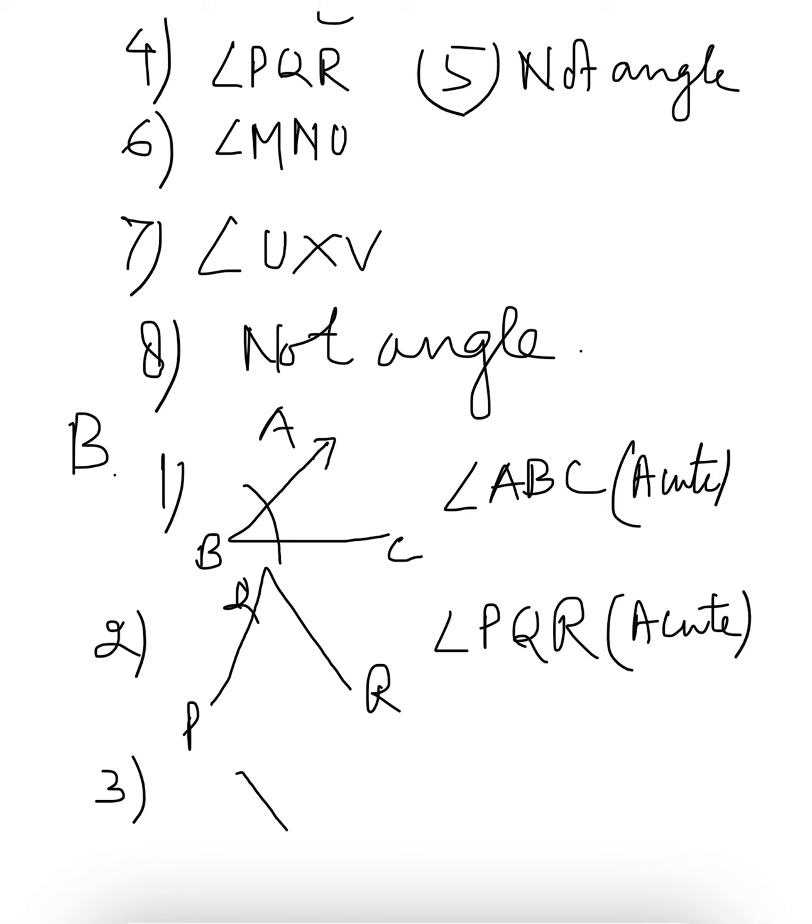Third is like this, LMN. If you write like this, you see it is more than 90 degrees, so angle LMN is an obtuse angle, more than 90 degrees, obtuse angle.